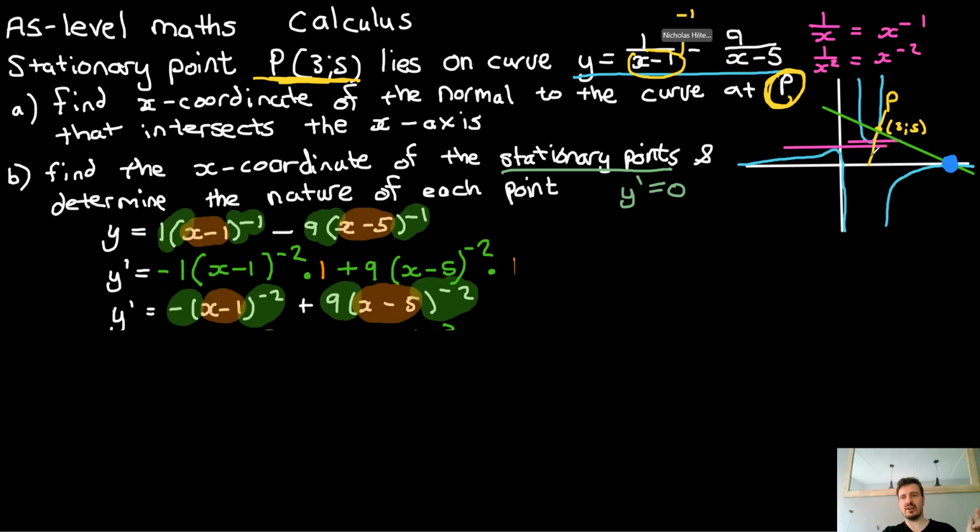So my steps here: first, find the gradient where x is 3. That would be the gradient of the tangent, which is obviously not enough because we want the normal. So we find the reciprocal of that gradient.